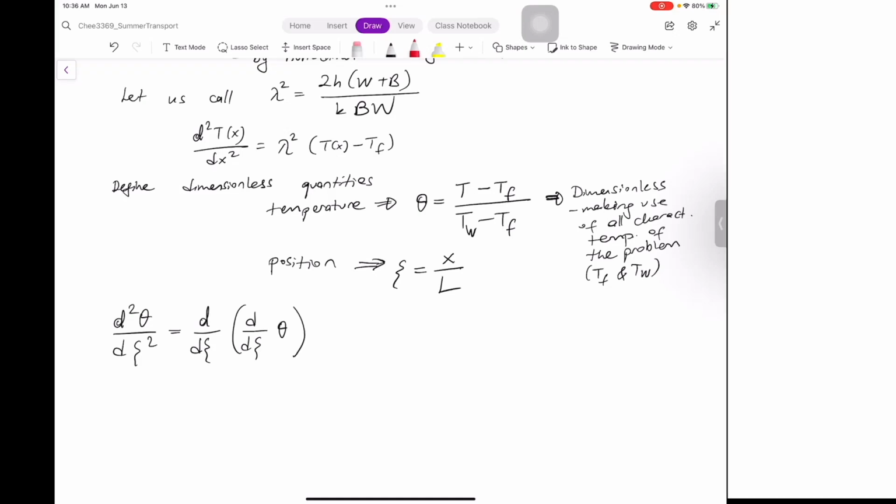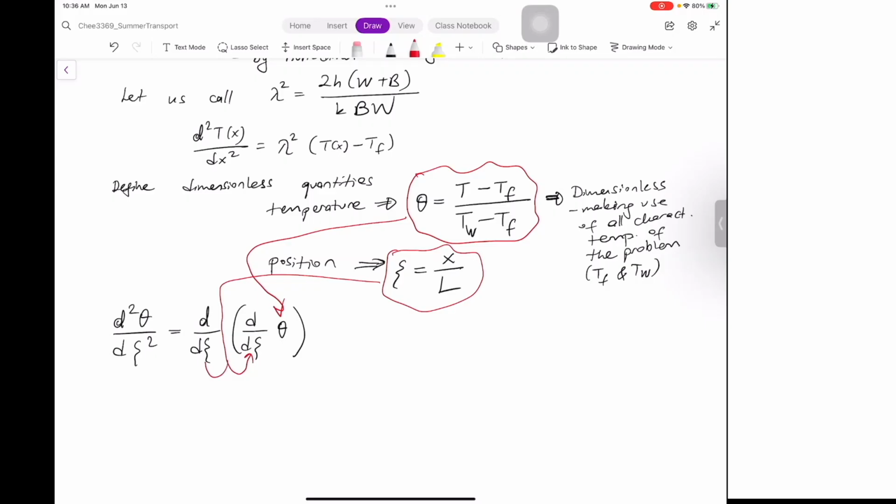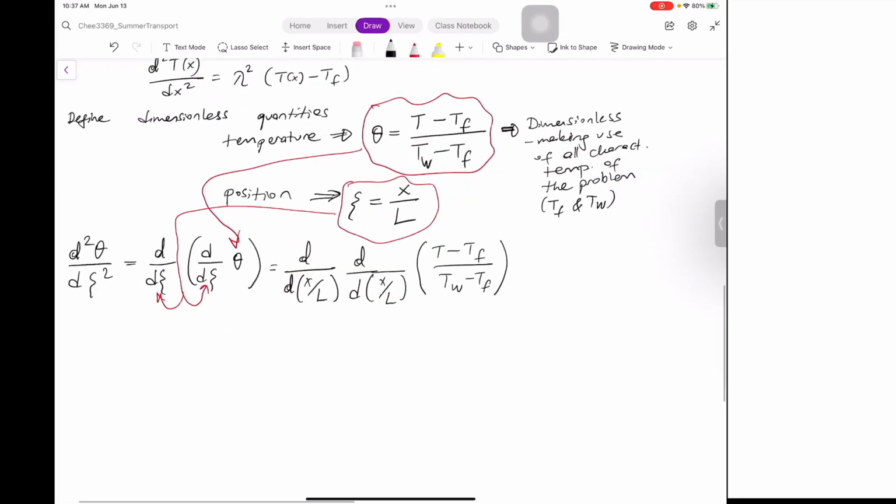Now I'm going to plug in these expressions, theta here and the psi here, and also here, and I get d over dx over L, d over dx over L. In parentheses, the theta is T minus TF divided by TW minus TF, right?